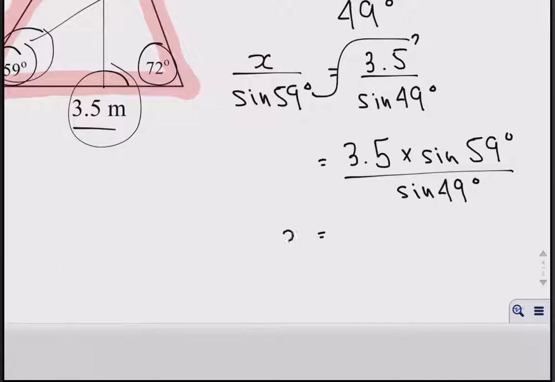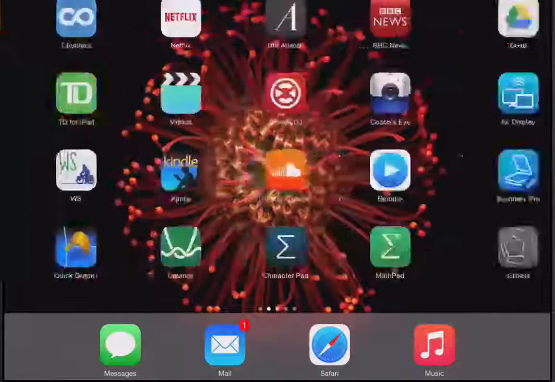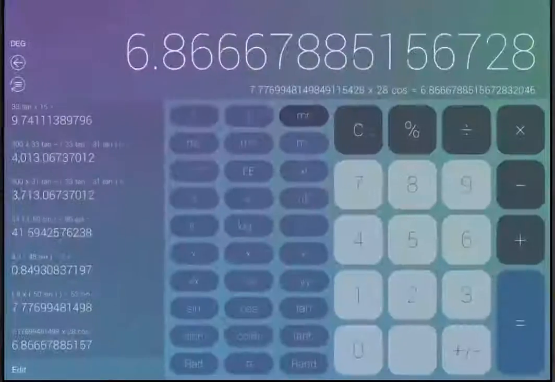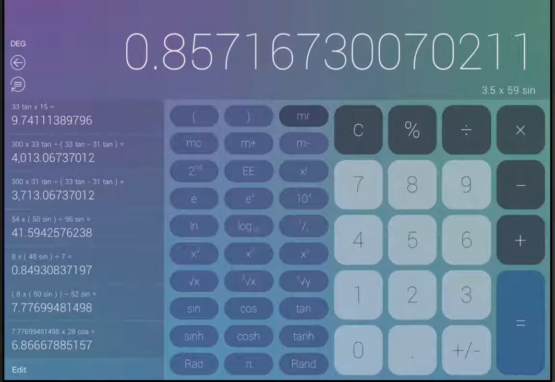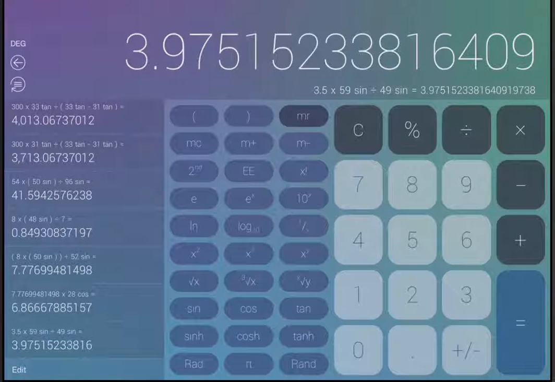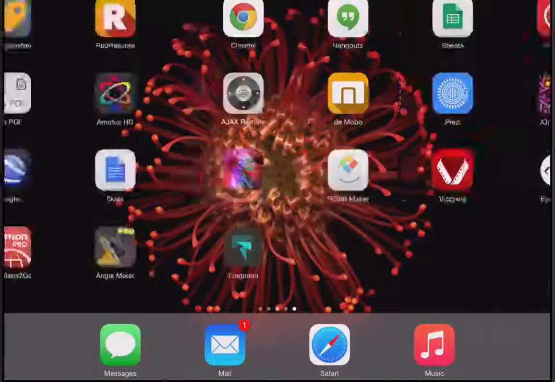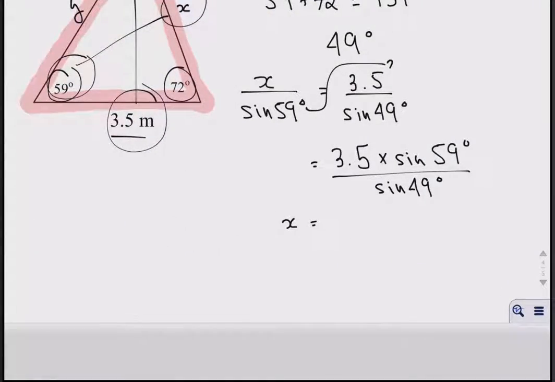Let's see what that gives us now using our calculator. 3.5 times 59 sine divided by 49 sine. We get 3.9, let's say 4. So that is 4 units here.